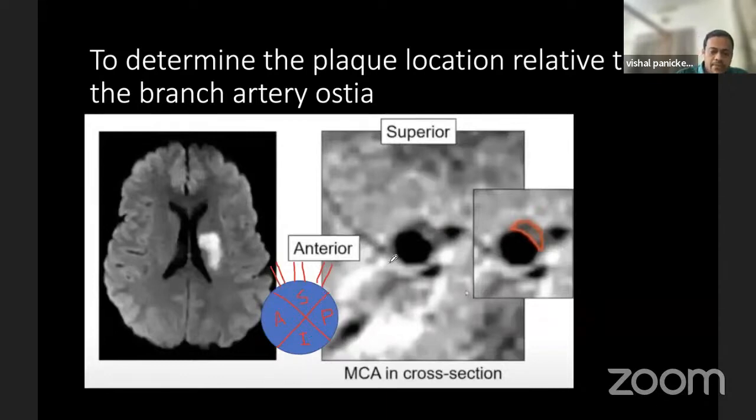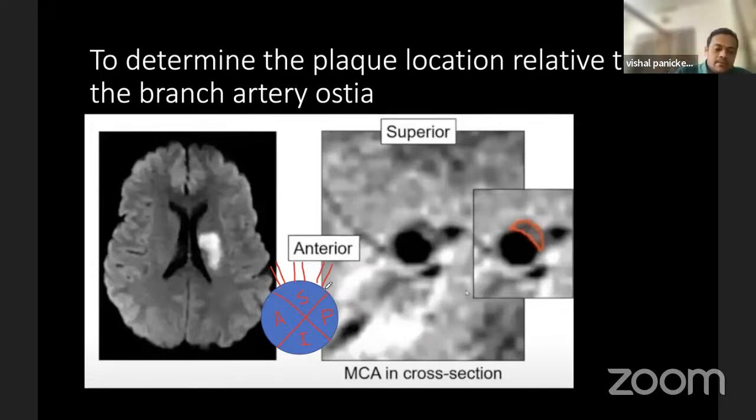Usually in the MCA, the lenticulostriate arteries arise from the superior posterior region. So when the superior or posterior regions are involved in the middle cerebral artery, the lenticulostriate arteries can easily get obstructed and the patient becomes symptomatic early.